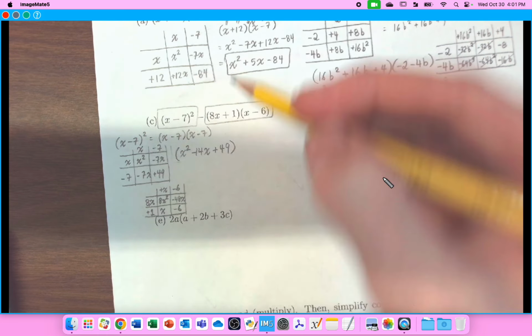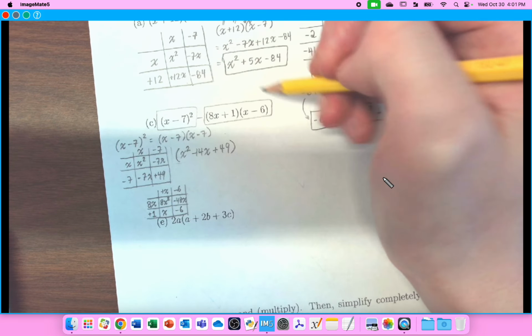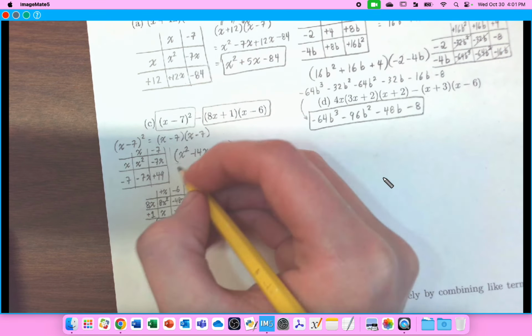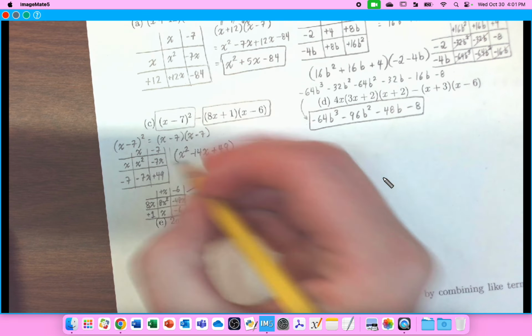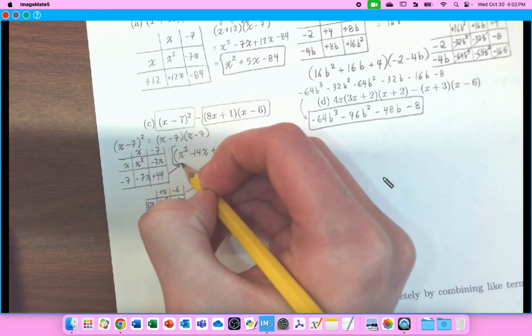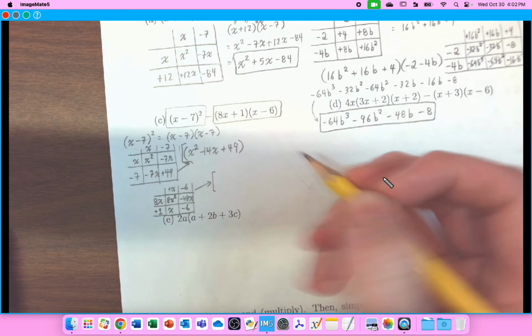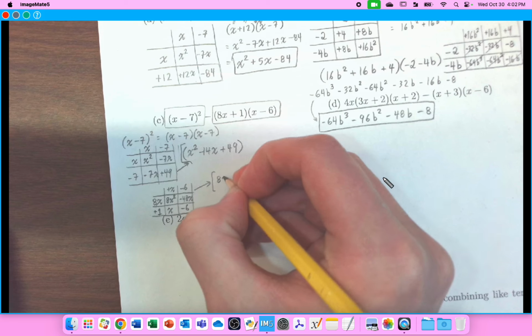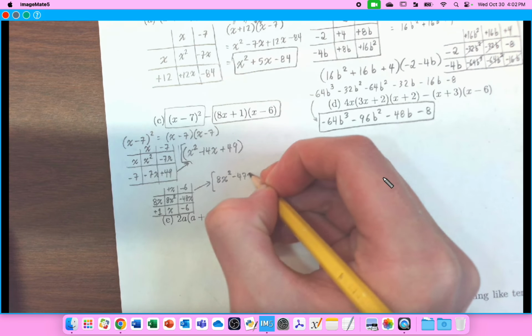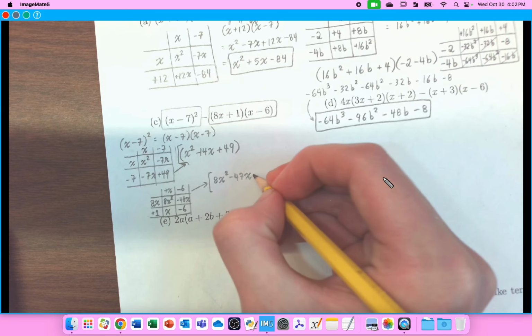So cool, maybe I'll just kind of box it in like that. This one would be 8x squared minus 47x, I just combined the like terms, minus 6.